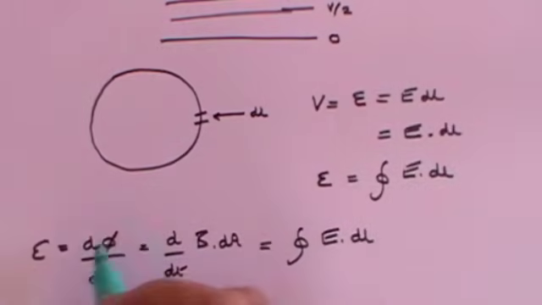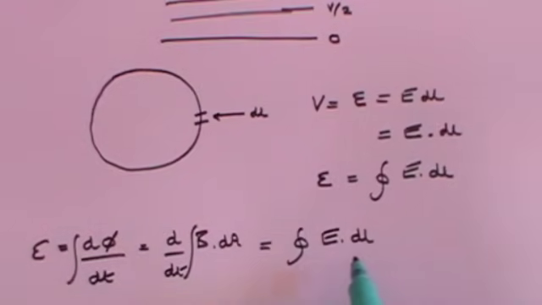And of course, these terms also have to be integrated if you want to integrate the full terms. So the total EMF is the integral of the rate of change of flux, which is also the integral of the rate of change of B dot dA, which is also the integral of E dot dl.